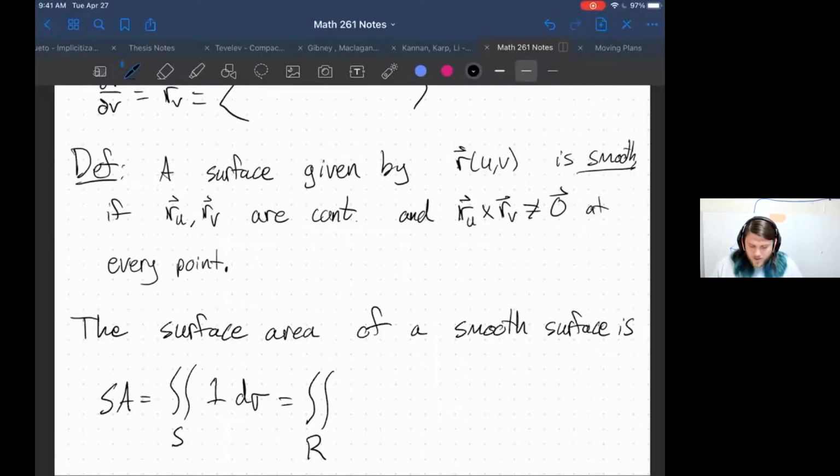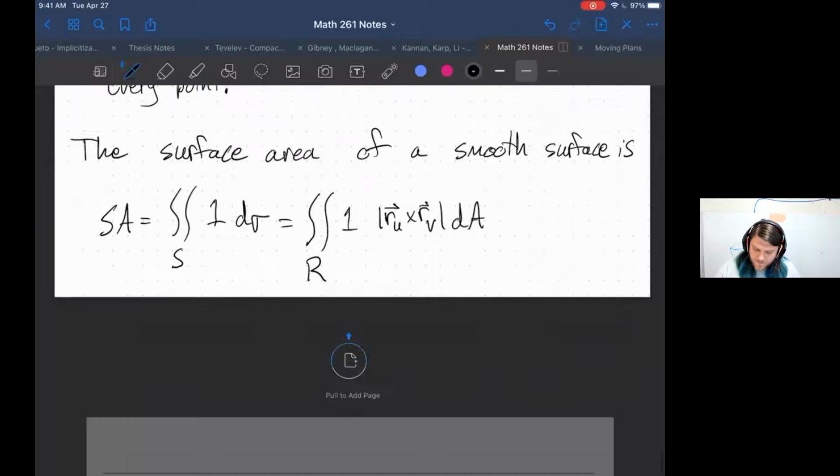So we would change this into a double integral over R of the function 1 times the magnitude of r_u cross r_v dA, but there's a little bit of a catch here.